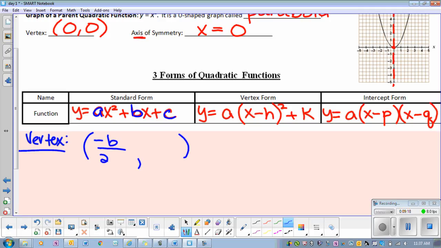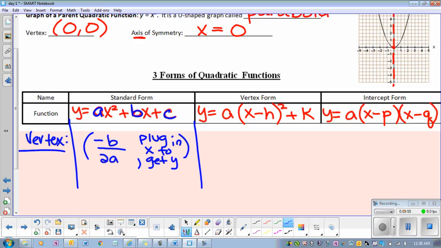Negative b over 2a gives you the x number for your vertex. Once you find that x, plug it into your equation, and then you can get your y. Plug in x to get y. Does that make sense? If it doesn't, I'll show you. But you can always put this right into the calculator and get your vertex as well. So that's for standard.